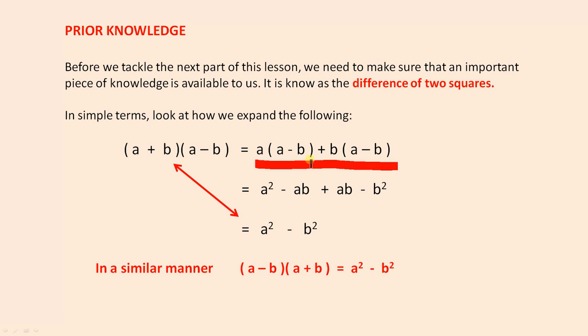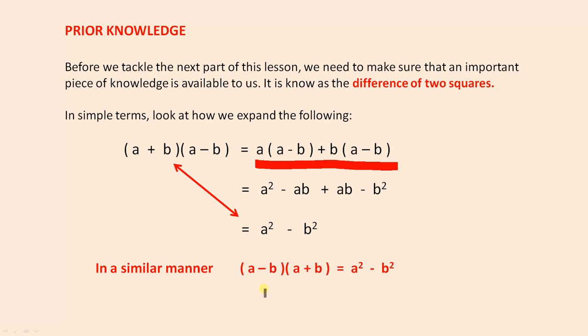A outside of a minus b plus b outside of a minus b. A squared minus ab plus ab minus b squared, which is a squared minus b squared. In other words, a plus b times a minus b is a squared minus b squared.